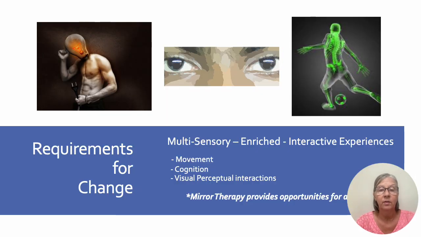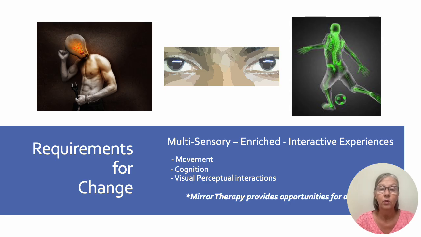The research tells us that we need to have a multisensory, enriched, interactive experience in order for change to occur. This would include movement, thinking skills through our cognitive processes, and using our visual perceptual skills as we interact with the environment.